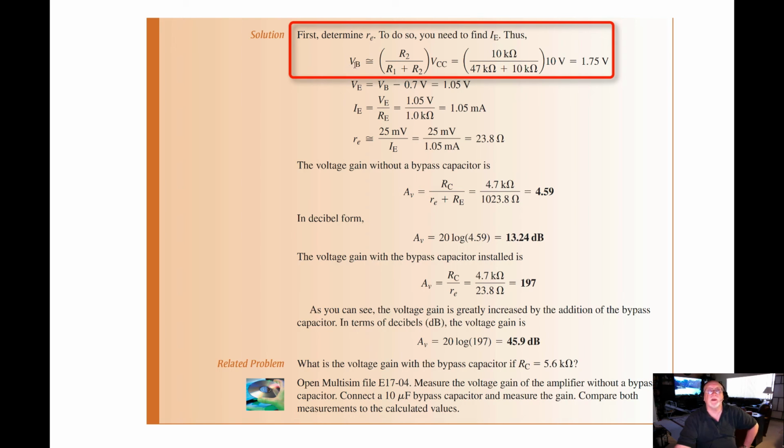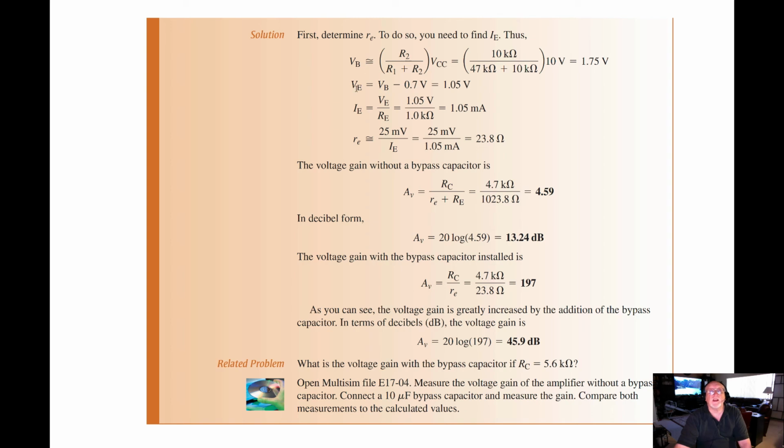Thus, V sub B is equal to, we've seen that voltage divider relationship, so we're on the input, times V sub C, we get 1.75 volts. The voltage across the emitter then is equal to VB minus 0.7.